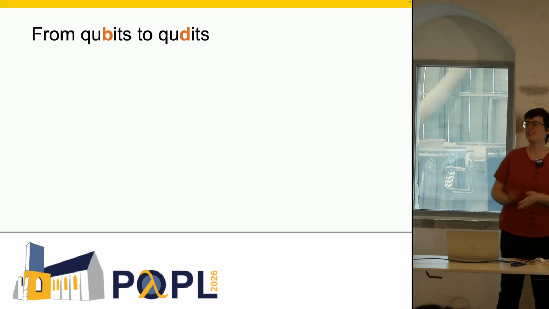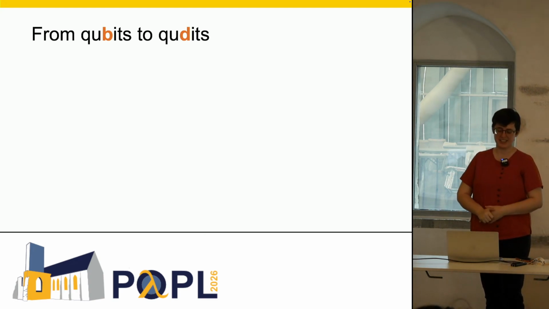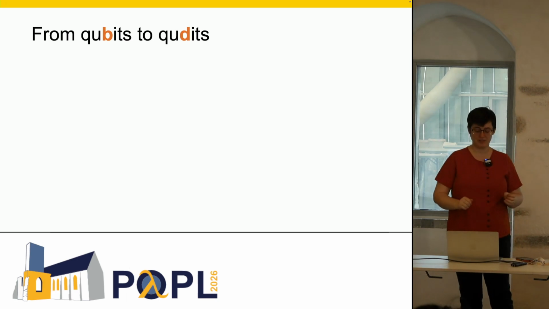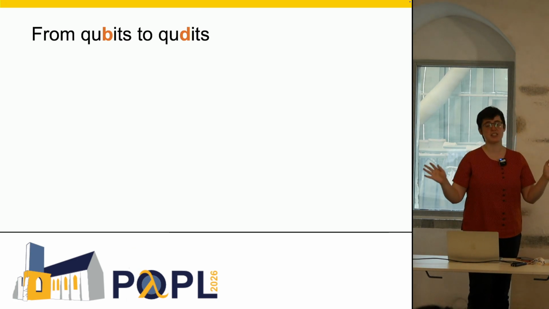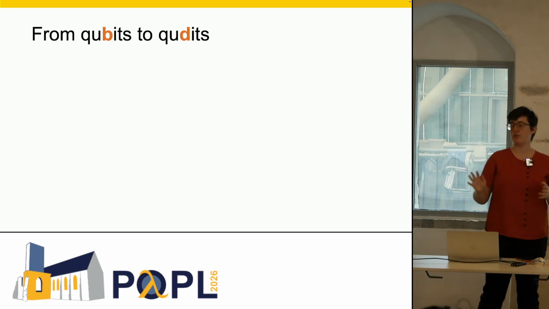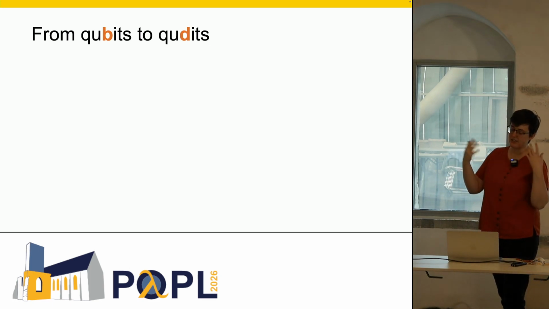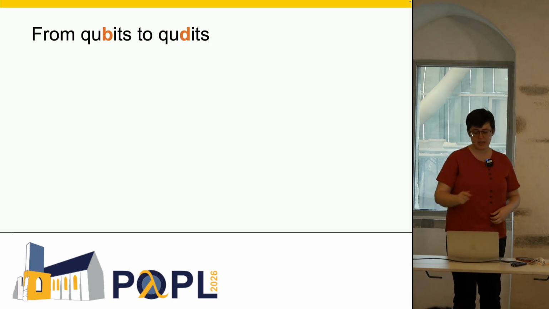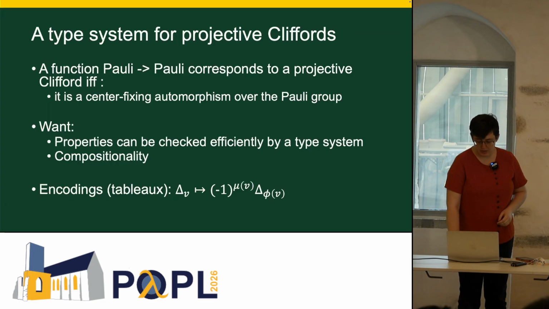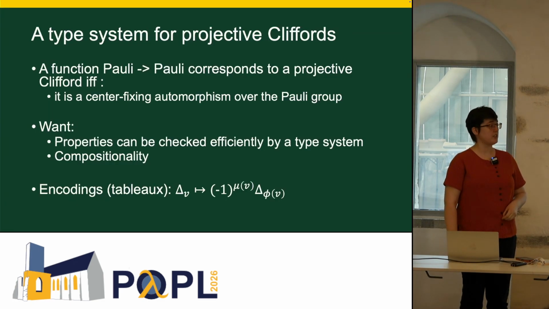If you remember, the title of the talk is Qudit quantum programming with projective Cliffords. And in fact, the entire system that we have in the paper is generic over qudits. There can be several motivations, but one of the reasons is that it actually guides us how to find the properties of these encodings.